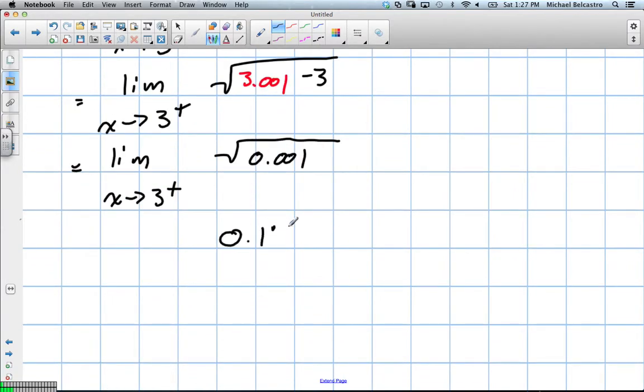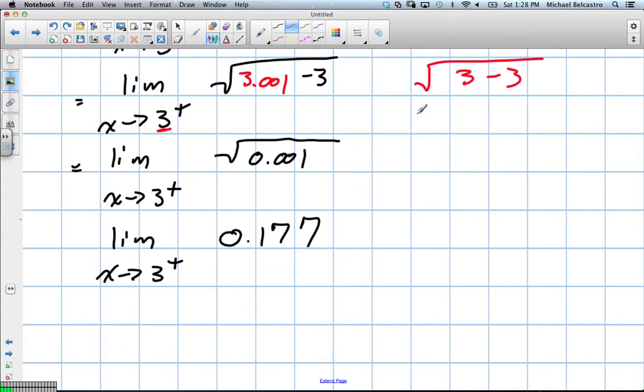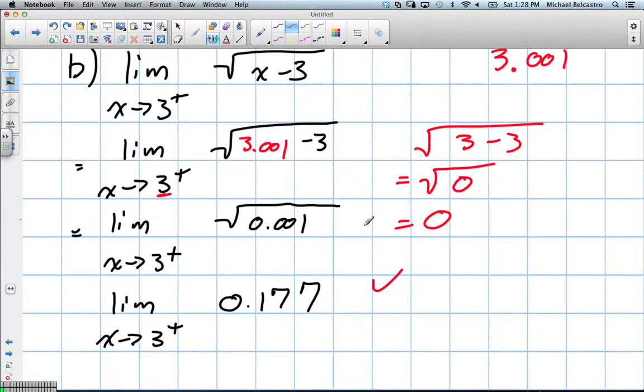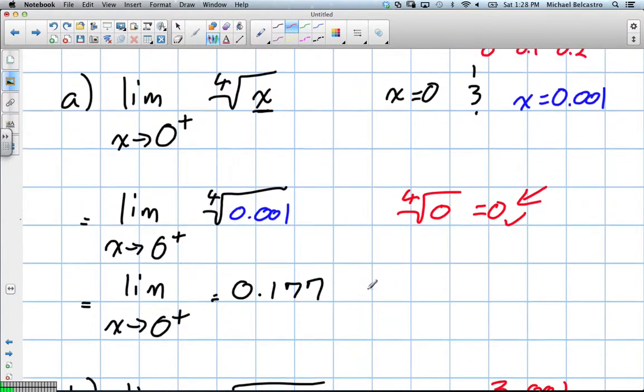It's 0.177. So as x approaches 3 from the right, the limit is 0.177. And we know that when x is actually at 3, 3 minus 3 gives us the square root of 0, which is 0. So we're in the same boat again. This exists.